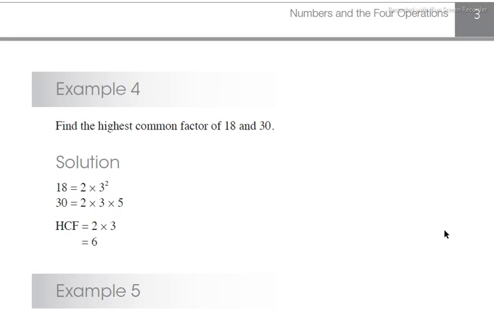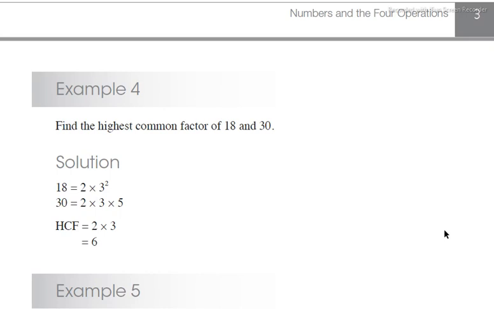So when we are listing factors, we know that 18 is the same as 2 times 3 times 3. Or when you factorize 18, you get 2 times 3 times 3, which is 2 times 9 to give us 18.